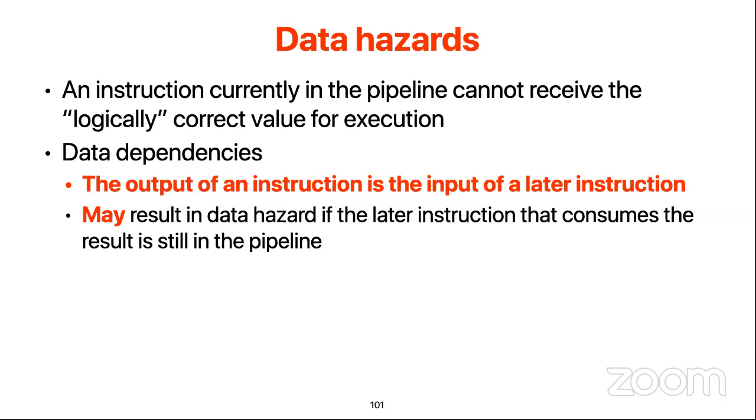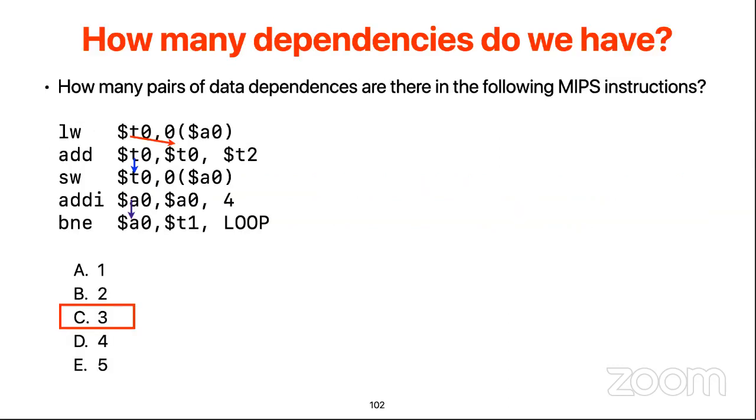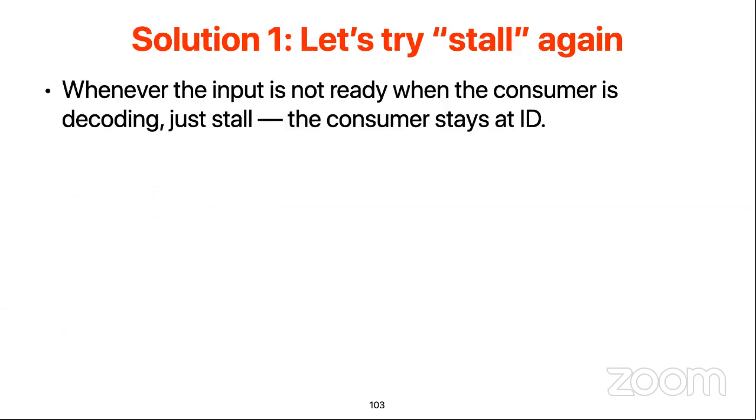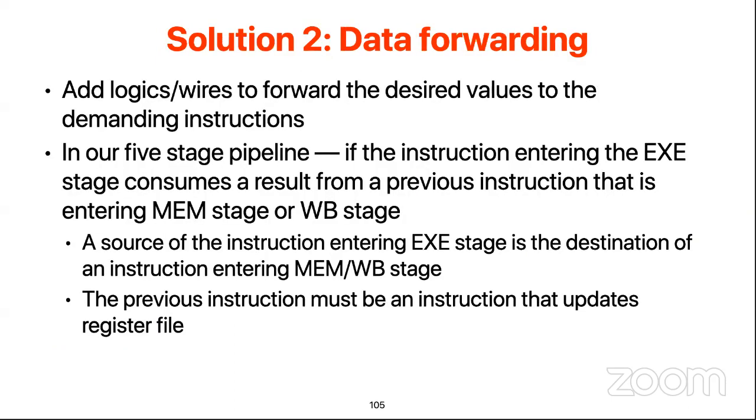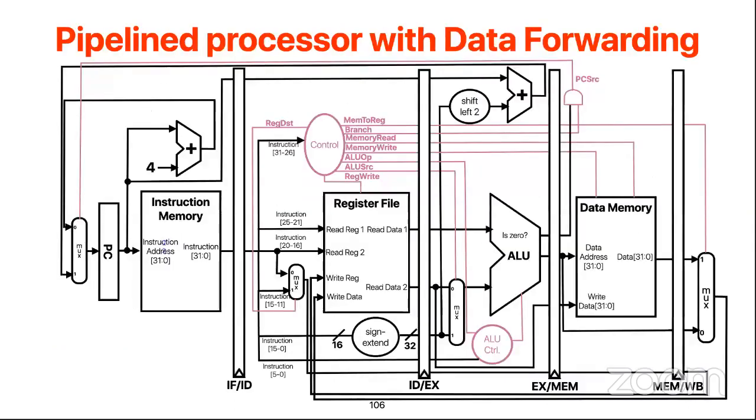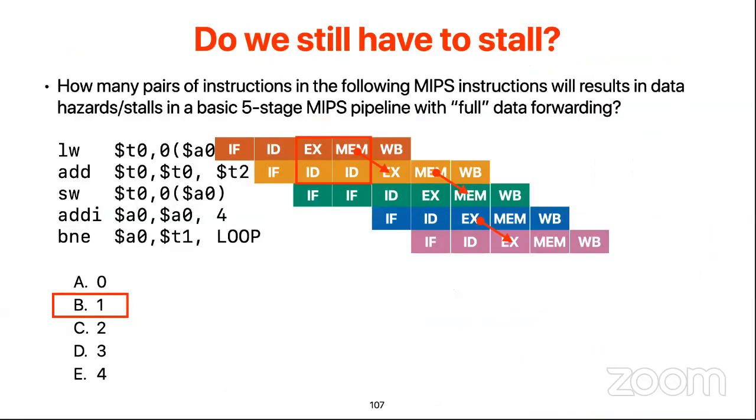It may result in a data hazard, but not every data dependency leads to a data hazard, right? For this question, we have 3 data dependencies. If you really use stall, then every data dependency will become a data hazard. However, if you have data forwarding, then only one of them would cause a data hazard.